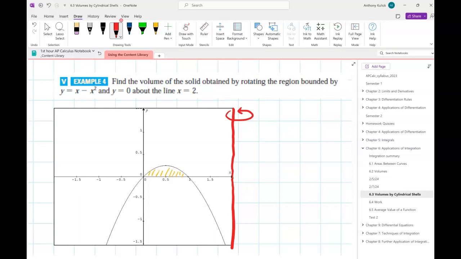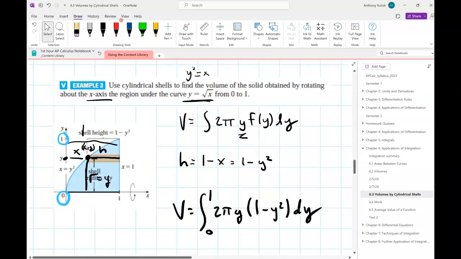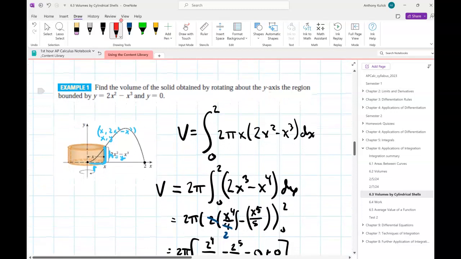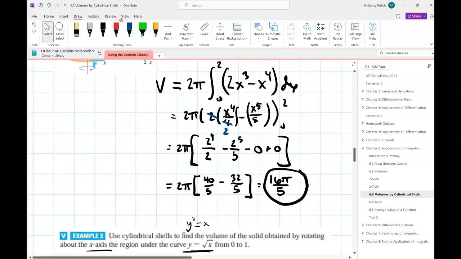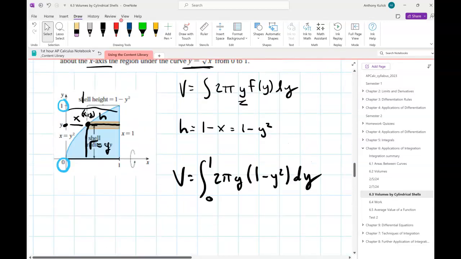Which one is this going to be more similar to, the first one or the second one? The first one, because we're rotating about... I'm sorry. Y equals 0, x-axis.